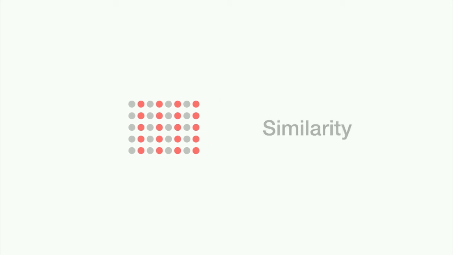Now what do you see? Gray and red. So we automatically made a group. You don't actually count how many dots there are. You just made two groups. It's called similarity. You see one similar thing and another similar thing, and you make a group out of each. And that's how it works.